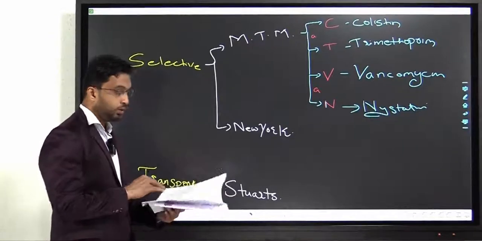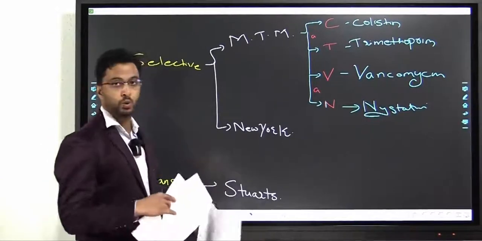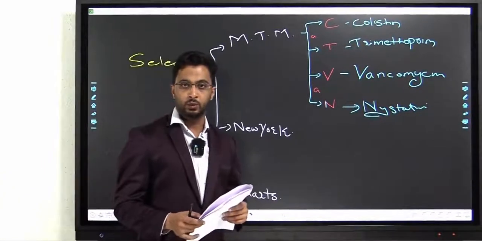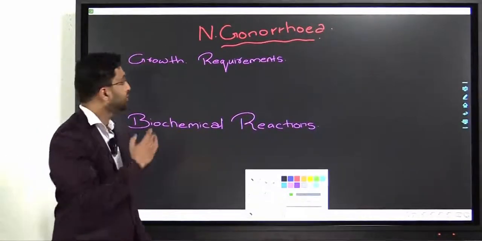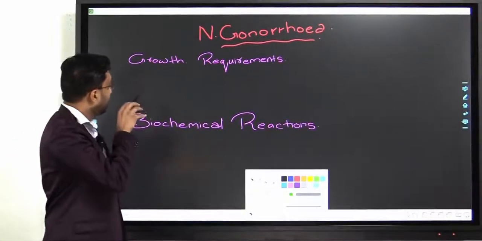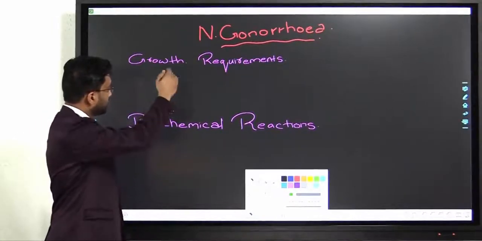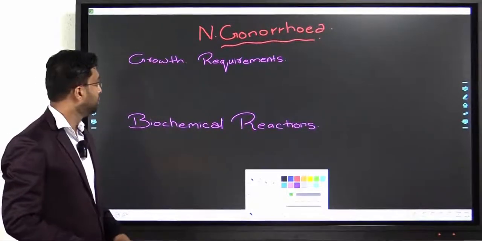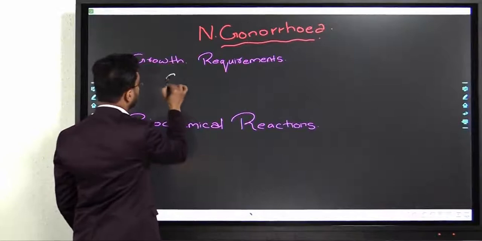Now we go on to Neisseria gonorrhoeae. Okay, the first organism among the two, which is Neisseria gonorrhoeae. We're starting with two things. One is growth requirements, and second is the biochemical reactions. So growth requirement, there is a growth factor.